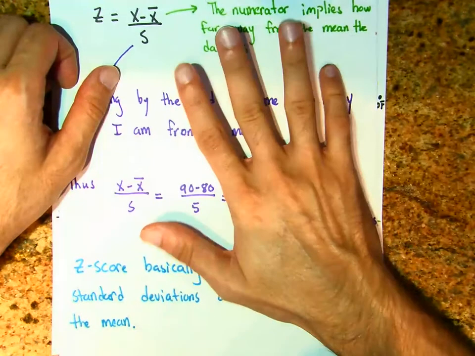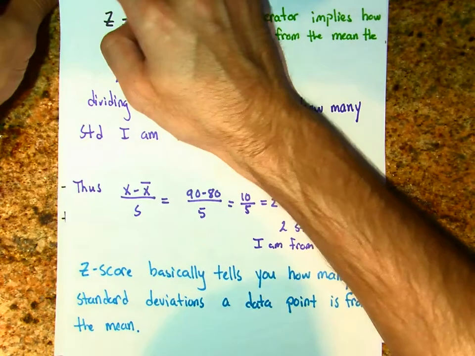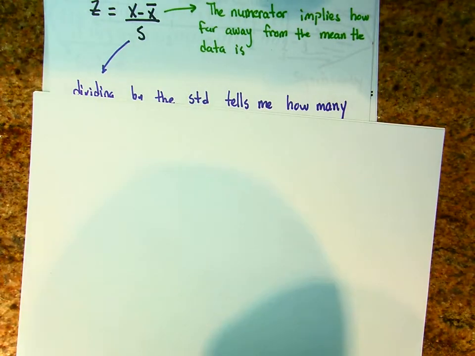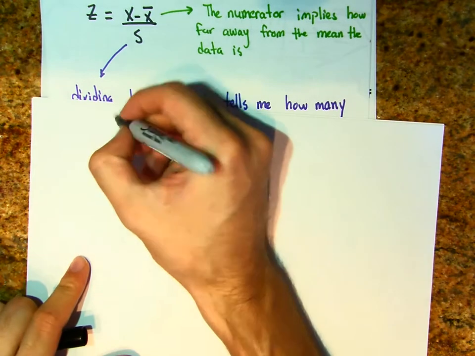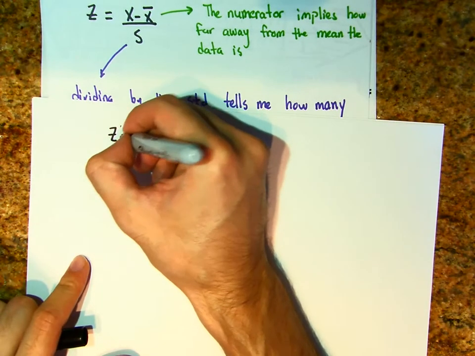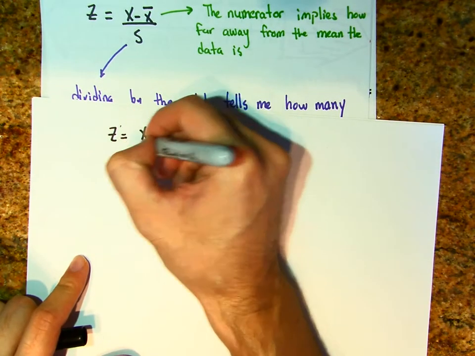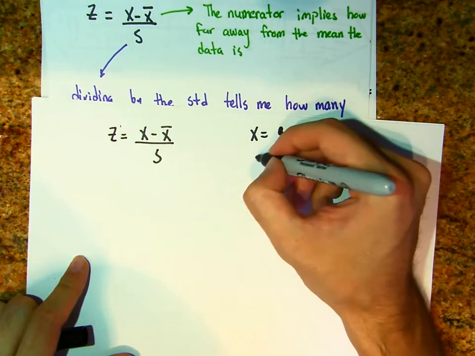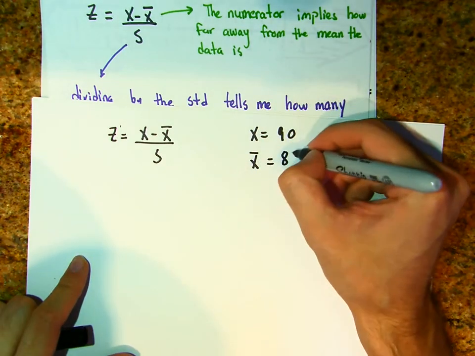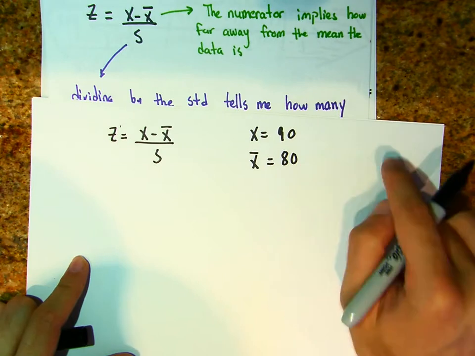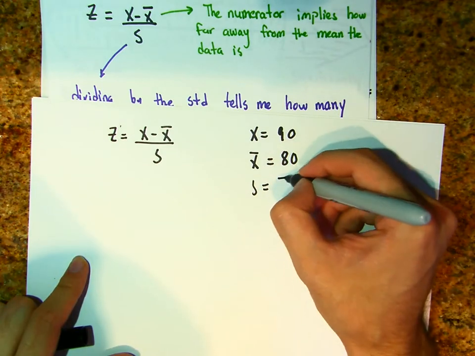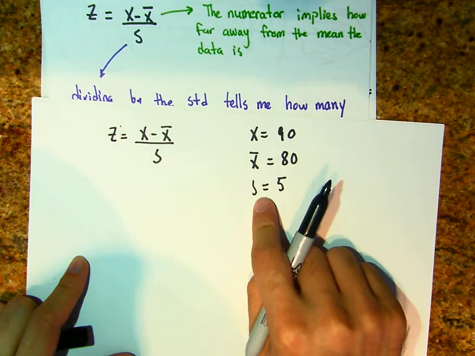Let me show you a visual of what I'm talking about, because I could tell there could be a little bit of confusion. We have z equals x minus x bar over s, where x is equal to 90, the class score, x bar is 80, the mean average for the class, and s equals 5, the standard deviation.